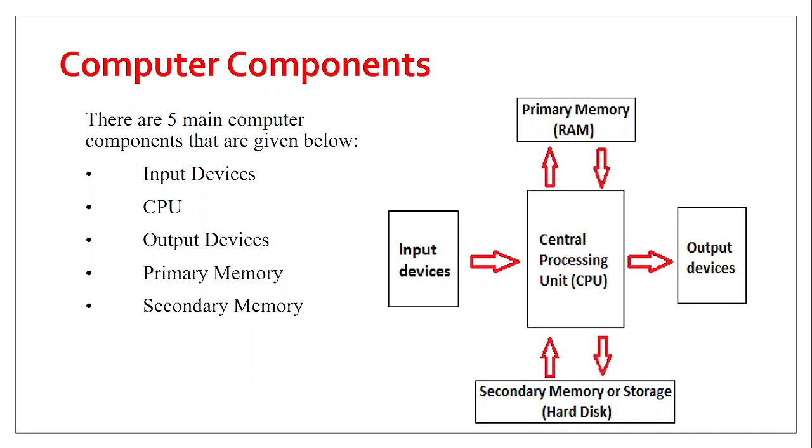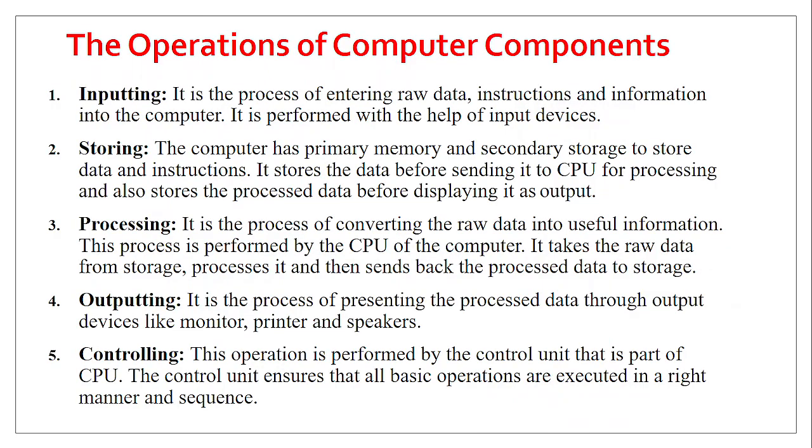So basically, these are the main components of the computer that form the structure and the function that you've already discussed. So every part of the computer has its own function. So these functions and operations of the computer can be seen as the first function being inputting. We have already seen you can use the input devices to send raw data. You can store data within the computer. That means you need to use some kind of secondary storage or even primary storage.